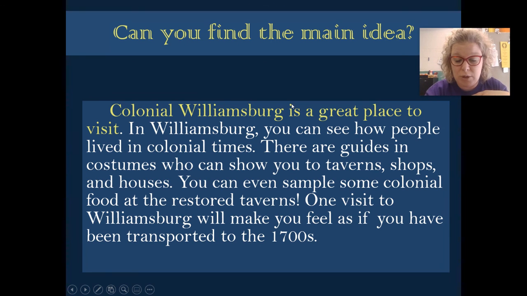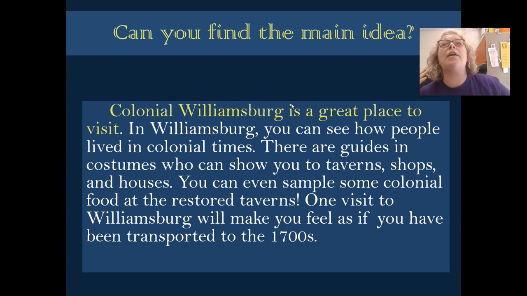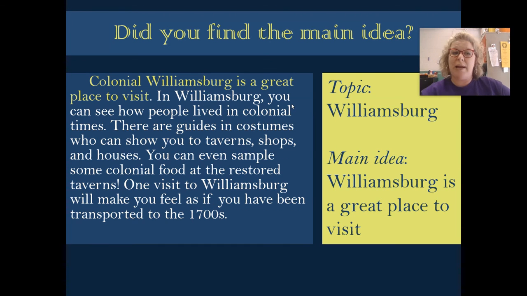So most important detail, which happens to be the main idea, the complete thought, Colonial Williamsburg is a great place to visit. That makes sense to me. That's a complete thought. Now, all those other details are supporting details that hold up that particular main idea. So the topic was Williamsburg because that's what we're mainly talking about. And the main idea is Williamsburg is a great place to visit.